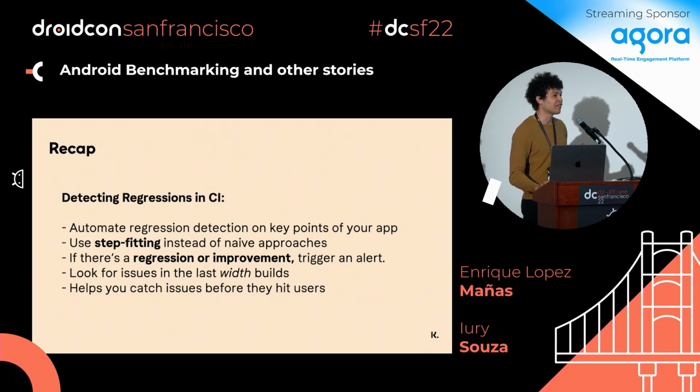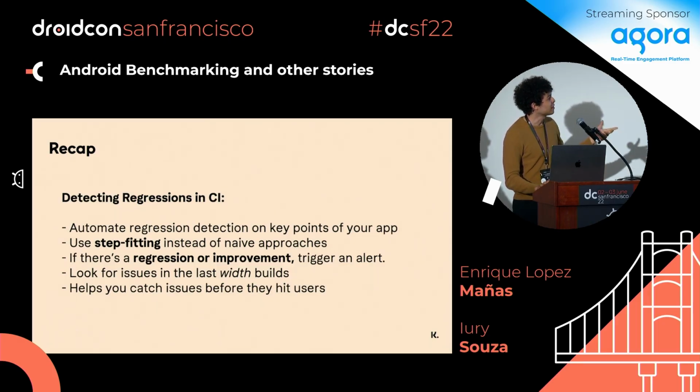Because if you have a huge improvement, you should also be aware and take a look at it, because it's not normal. A huge improvement in app performance out of nowhere is also fishy. So this is going to help you catch issues before they hit the users, and that's about it.